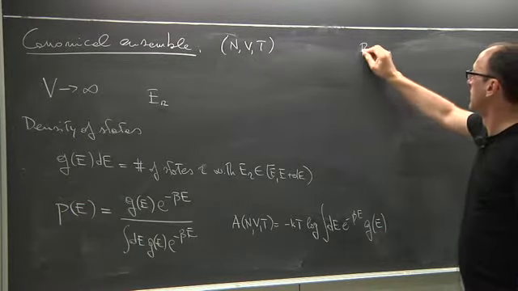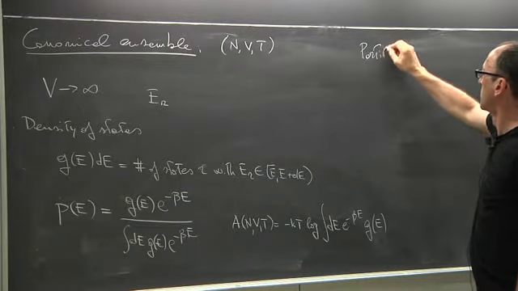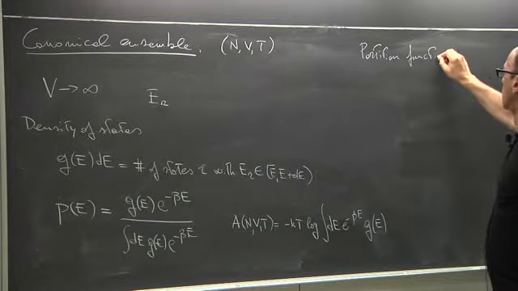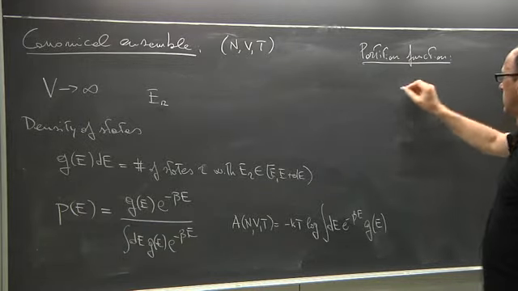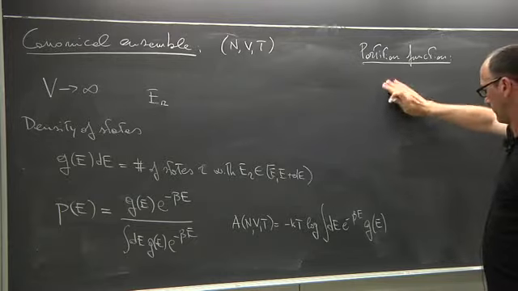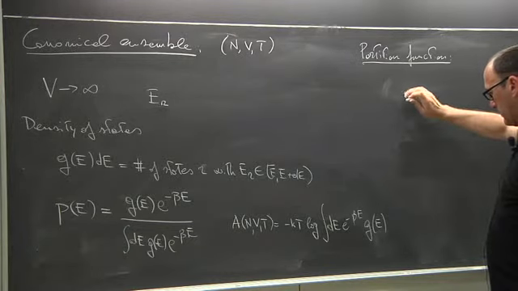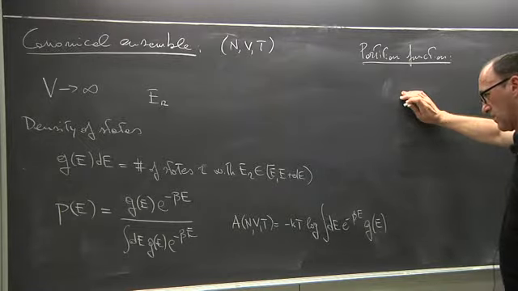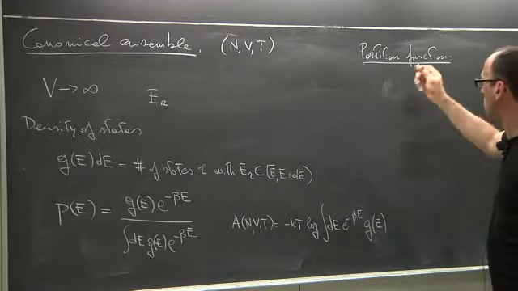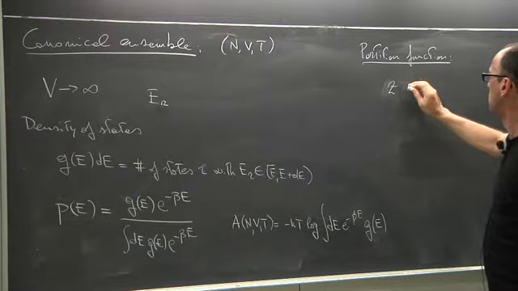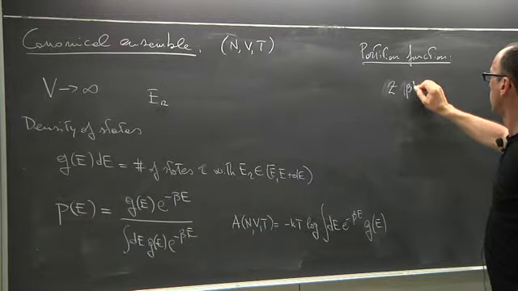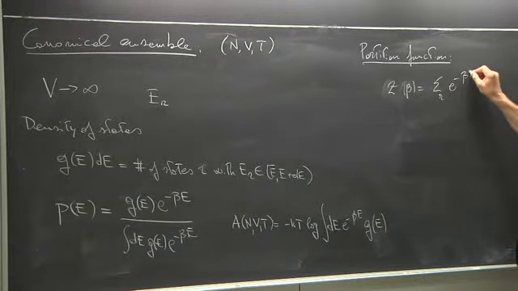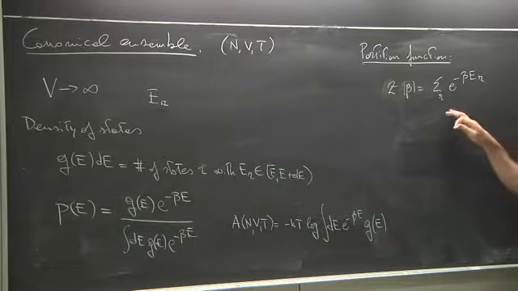The partition function in general is the sum over all the states of e to the minus beta times E_r.